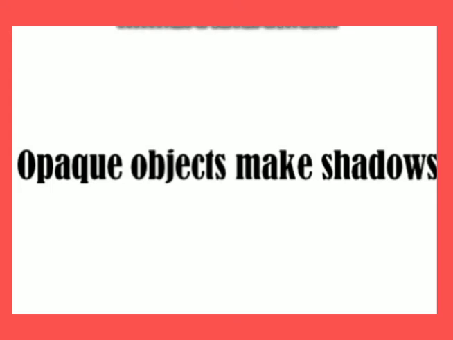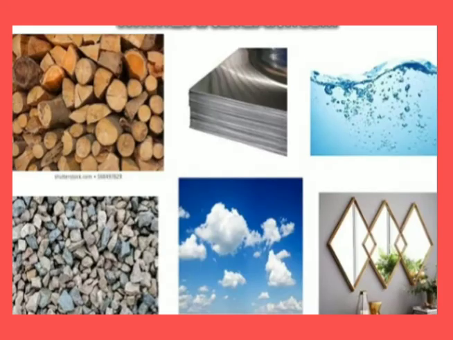Now let us discuss the second question. Classify the objects or materials given below as opaque, transparent or translucent, and luminous or non-luminous. Looking at this picture, which objects will be opaque? First of all, tell me the meaning of opaque. Yes, opaque objects do not allow light to pass through them.